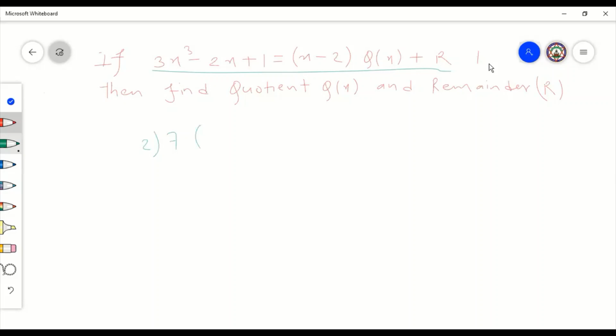Here will be a 3. 2 threes are 6 over here, and the remainder will be the 1 over here. So in this part, this is called the remainder. This is called the quotient, and this is called the divisor.